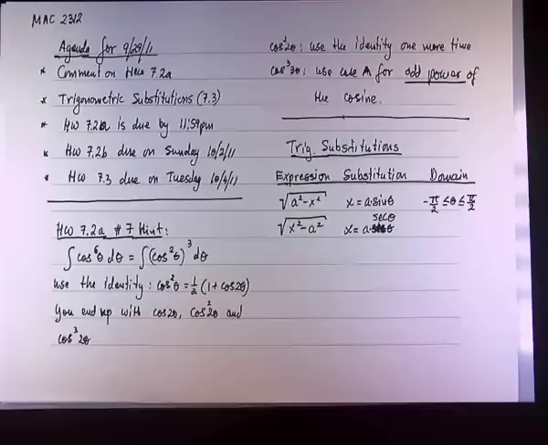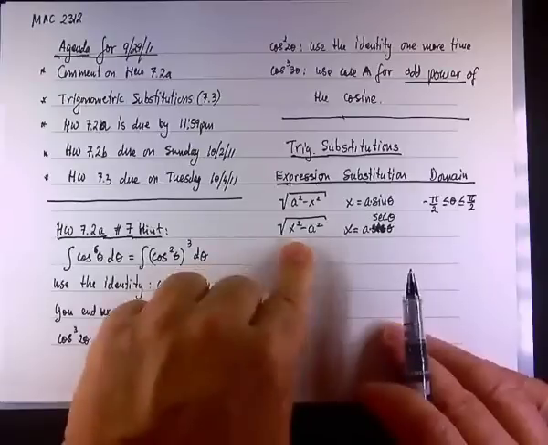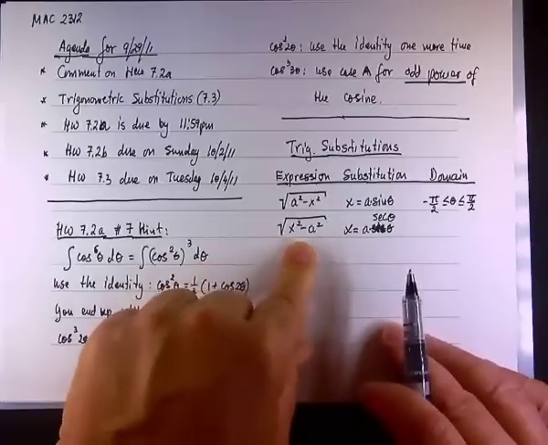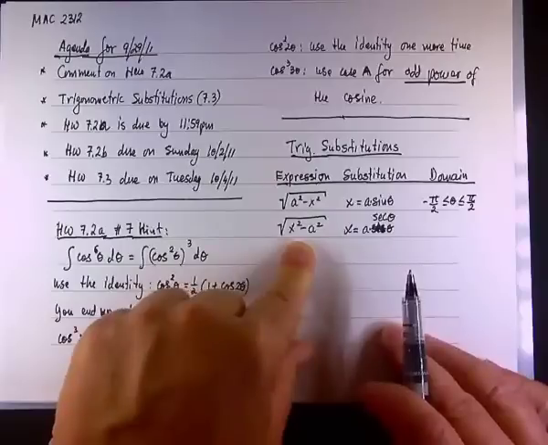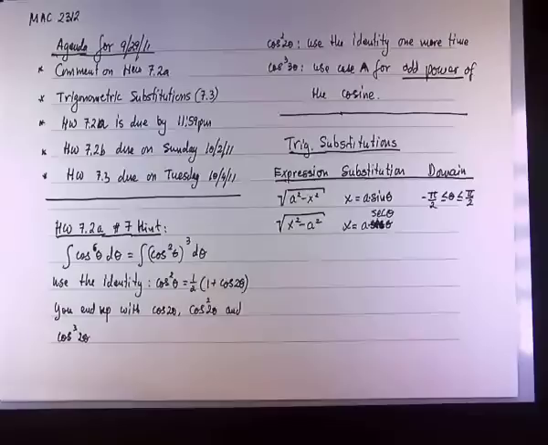Now, why this works for us: secant is either greater than 1 or less than negative 1. The secant squared will be a number greater than or equal to 1. So it guarantees that the radicand, x squared minus a squared, is positive, or at least 0, but not negative.